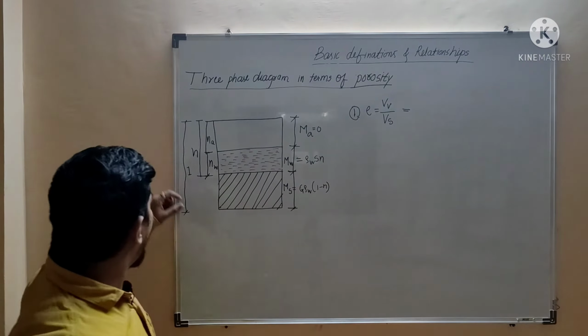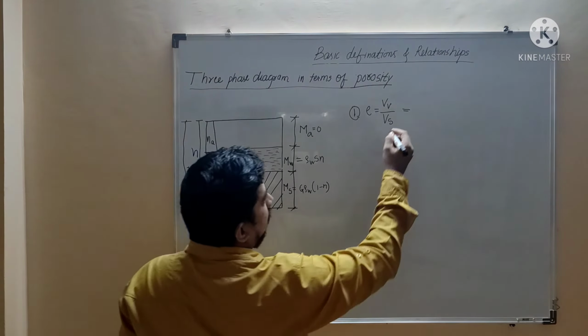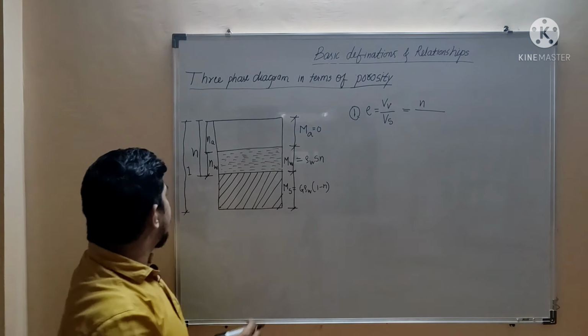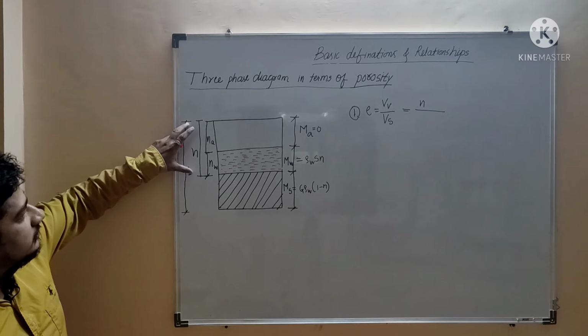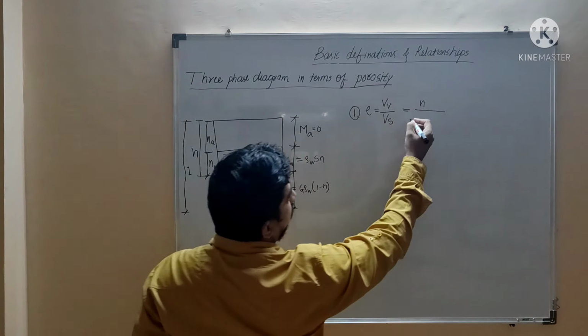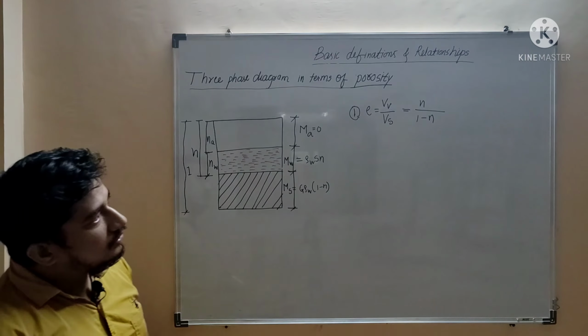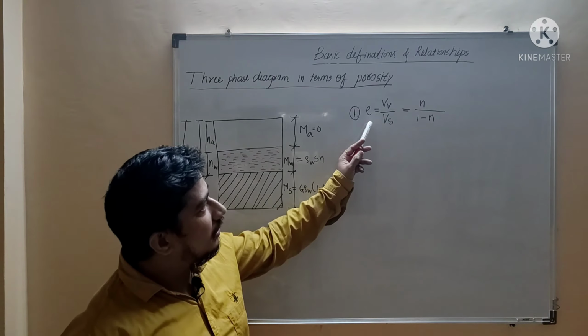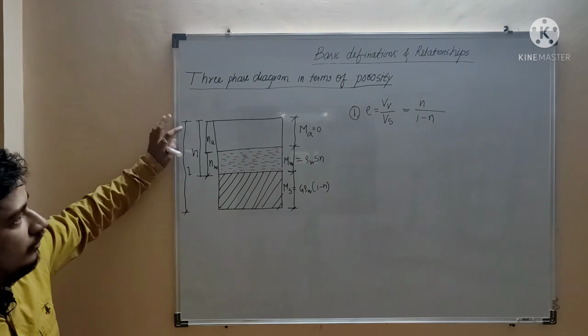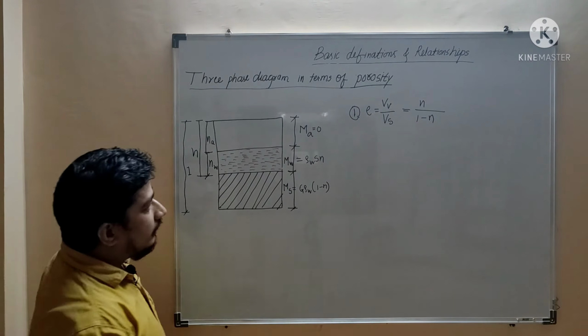Here volume of voids is n and volume of solids is nothing but 1 minus n. So e is equal to n upon 1 minus n. This is the formula which we derived previously, but we have once again confirmed it from this diagram.